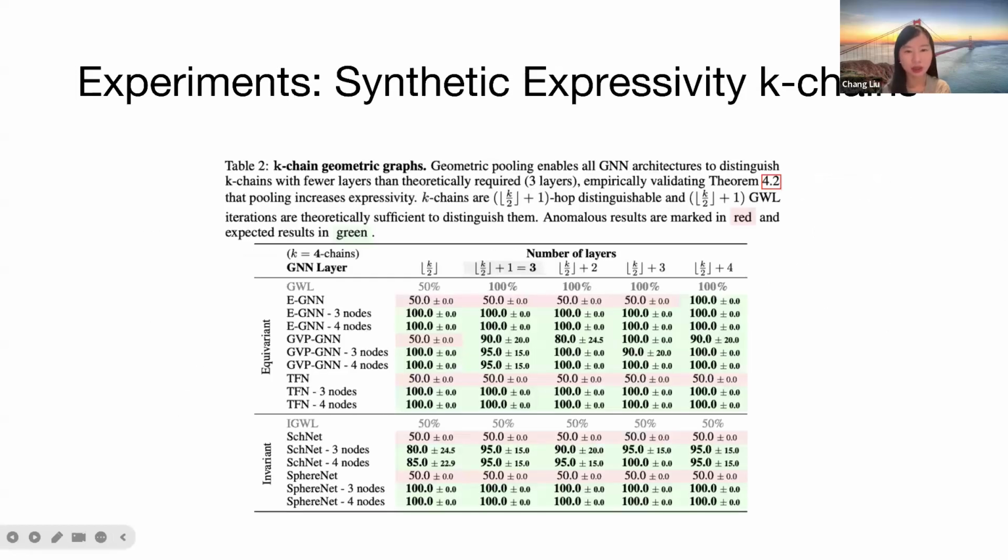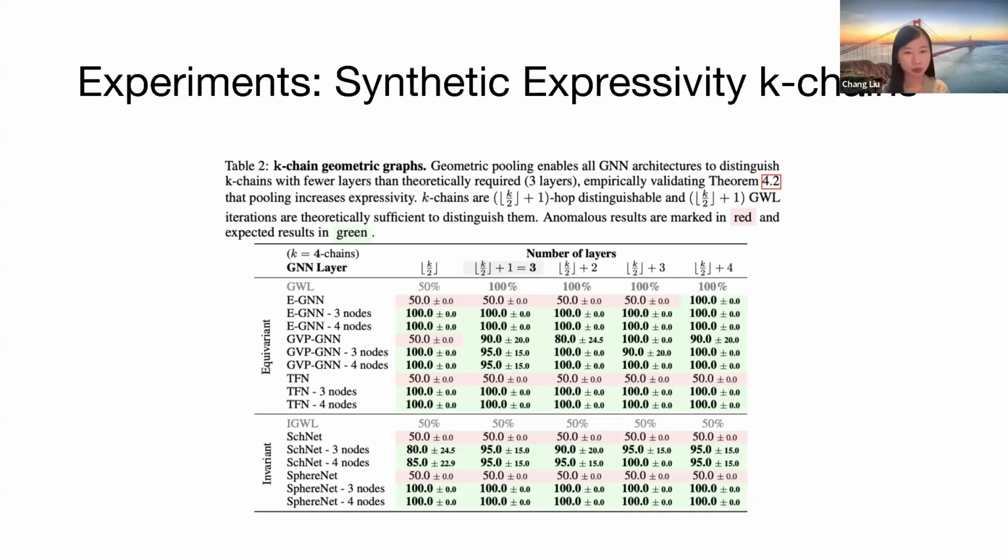Okay, so here is the result. In this table, each pair of k-chains consists of k plus 2 nodes, with k nodes arranged in a line and differentiated by the orientation of the two endpoints. And the GWL test requires the floor of k over 2 plus 1 iterations to differentiate the k-chain graphs. Therefore, it is theoretically expressive.